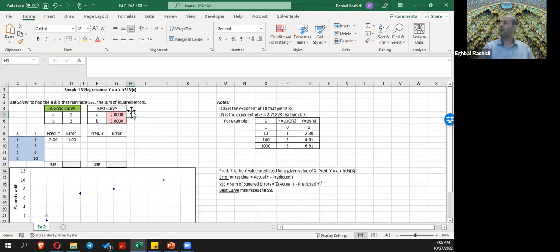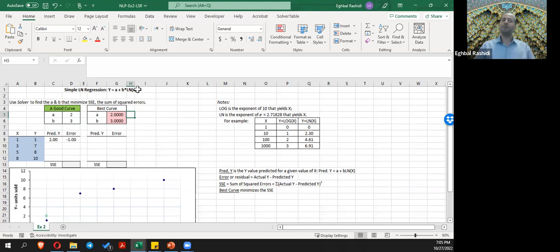So it's going to be a nonlinear optimization problem anyway. But here, just to give you the idea that it doesn't have to be a linear function that you fit to your data, I'm going to try another function, which is the natural logarithm. So this is the function that we want to fit.